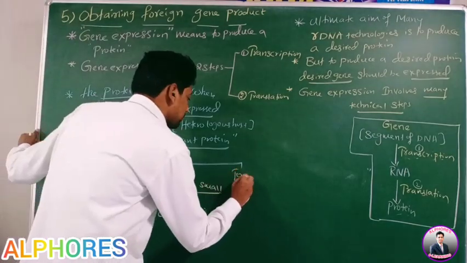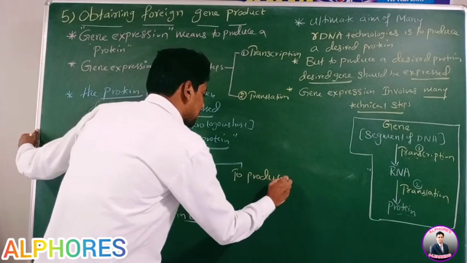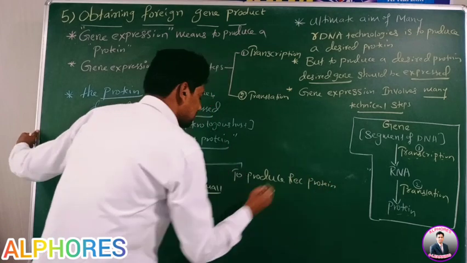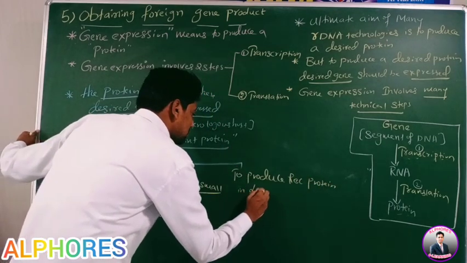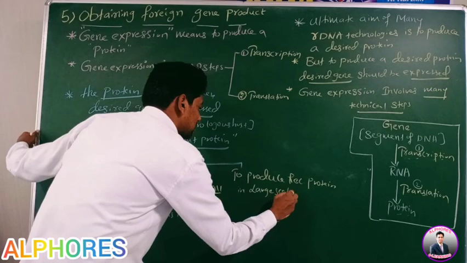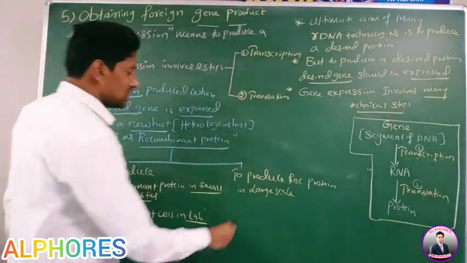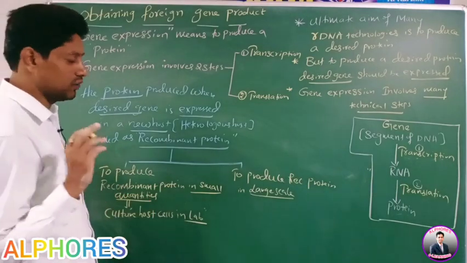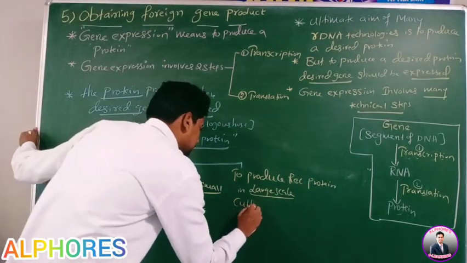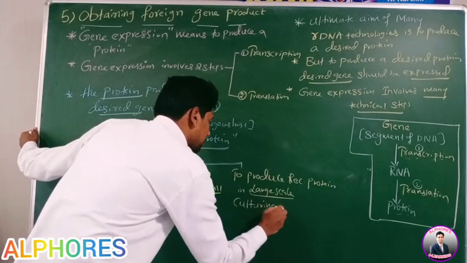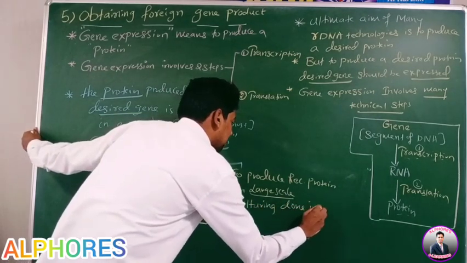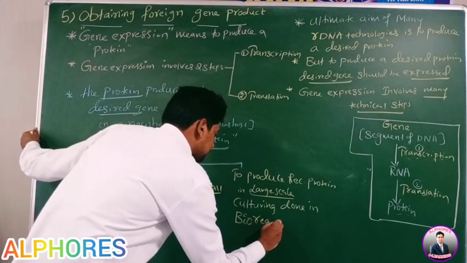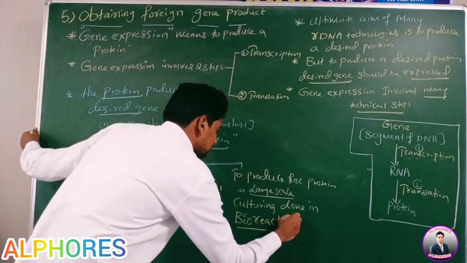Whereas, to produce recombinant protein on a large scale, meaning industrial scale, culturing should be done in a bioreactor.